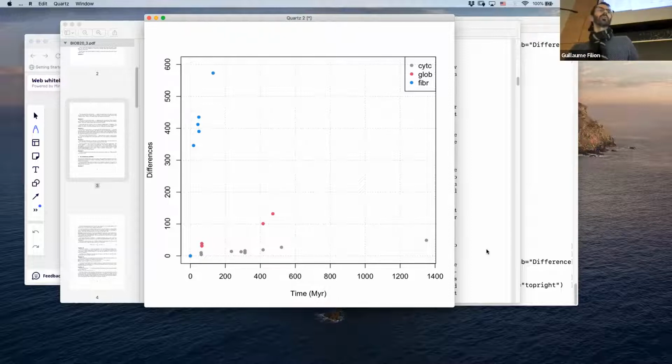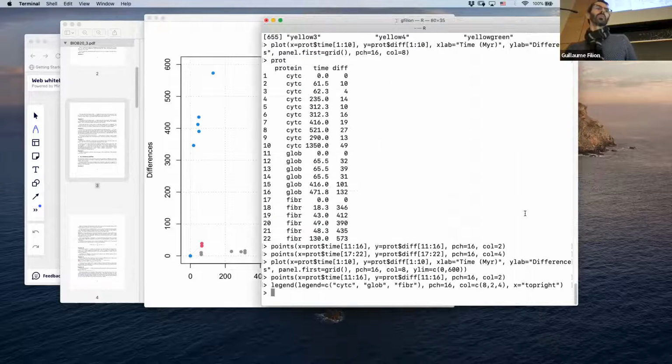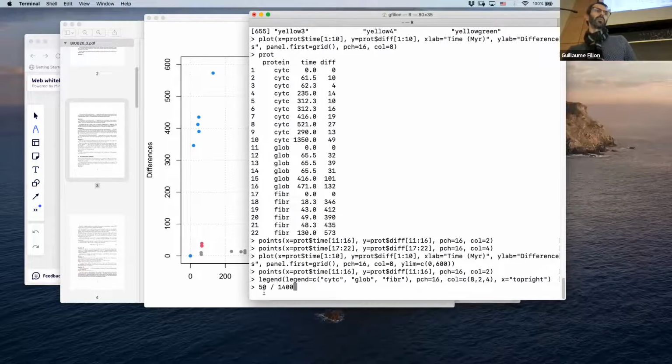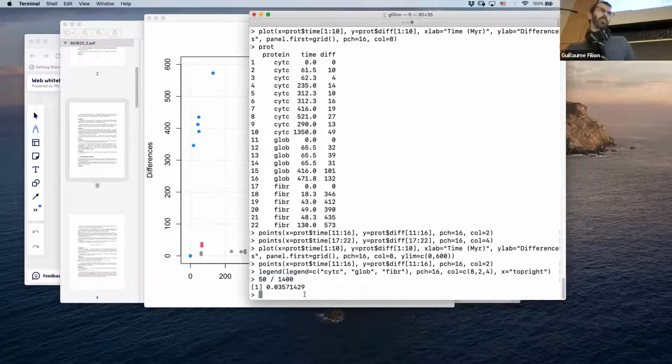So one good guess is 50 mutations per 1,400 million years. So that would be a good place to start. And this value is 0.03571429. That's a very ballpark estimate, but that's the one we're going to take. So this here is going to be theta 0.